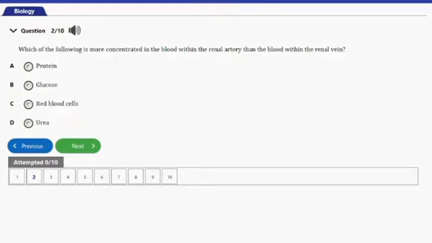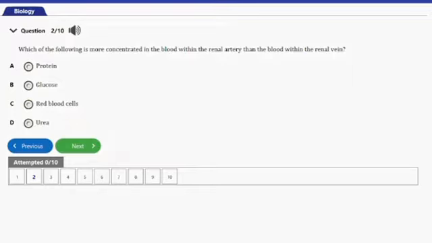And then only a small portion of it will get across and get to the renal vein. So the concentration of urea at the renal artery will always be higher than the one within the renal vein, due to the high level of filtration of urea within the glomerulus. So that's it for that question.